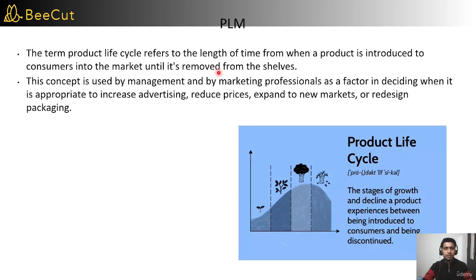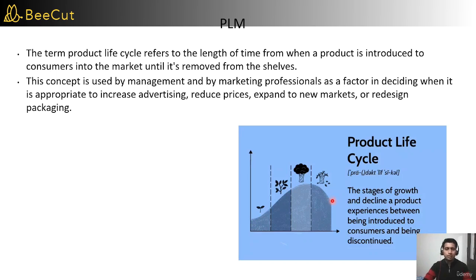What is PLM? The term product life cycle refers to the length of time from when a product is introduced to consumers into the market until it's removed from the shelf. So this is basically the product life cycle. At this stage the product is introduced, and at this stage the company is willing to take it back from the market.